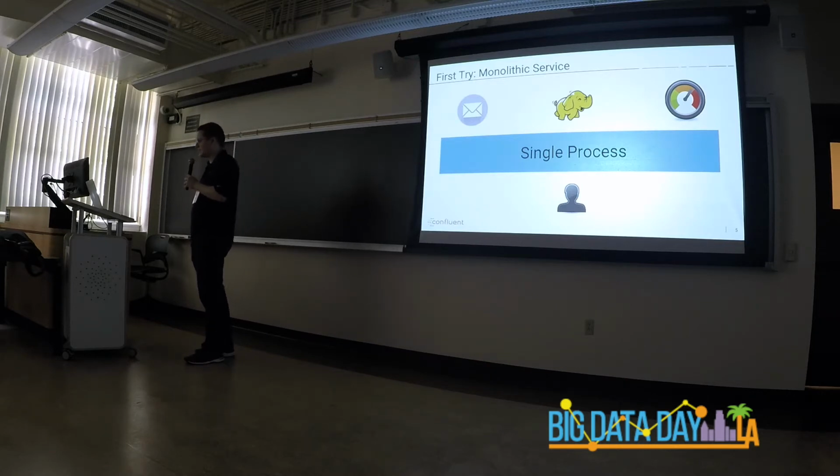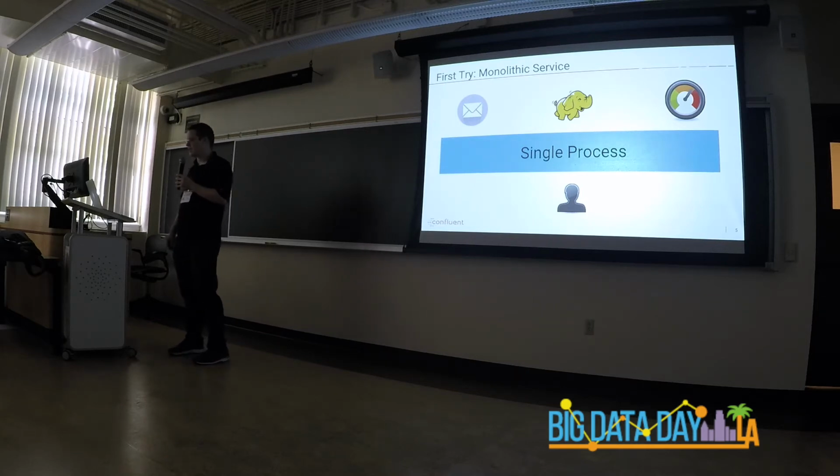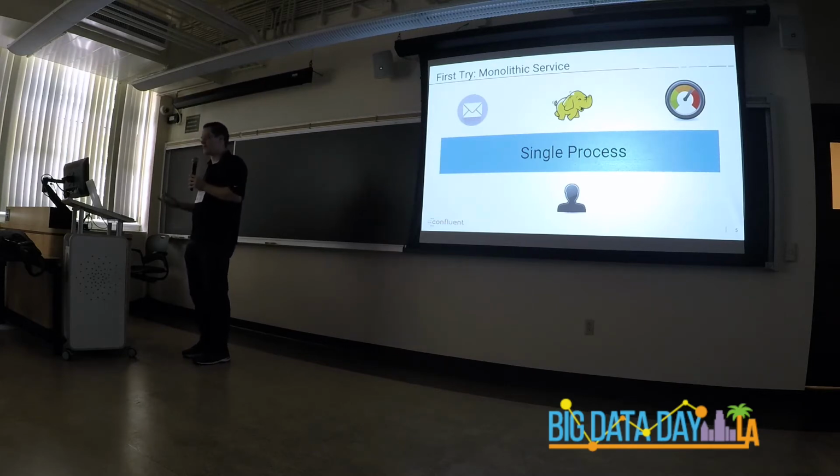So our single process does work, you know, it gets off the ground, but there's a bunch of problems with it that we discover down the line. One of them is that the emailer keeps crashing, and when it crashes, it takes down the whole service. So 404, nothing returned, bad user experience there. The other is that our metrics connector is using a lot of memory, and that's causing out of memory errors in this process as well.